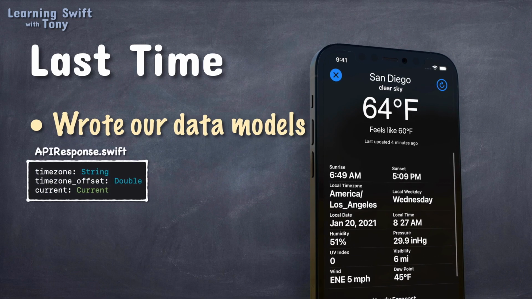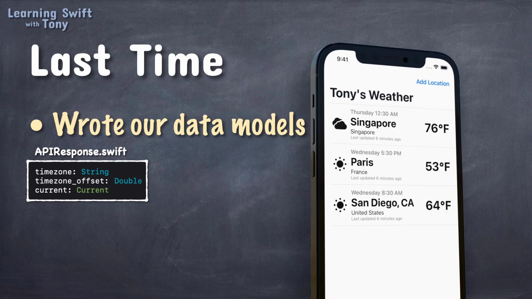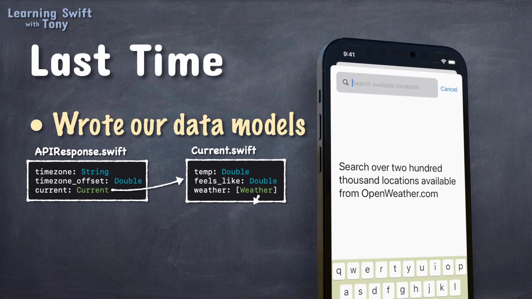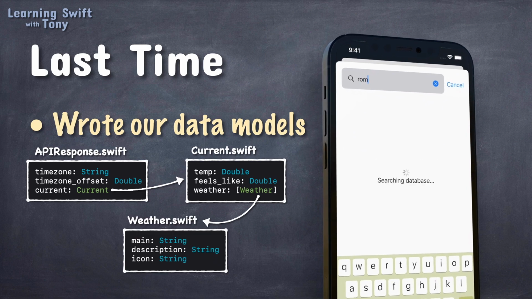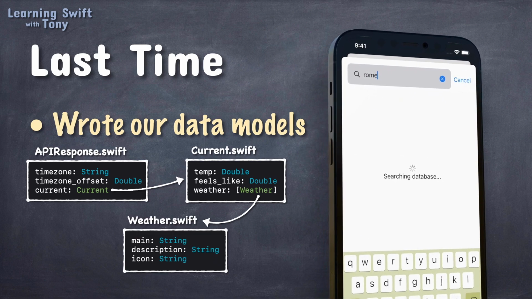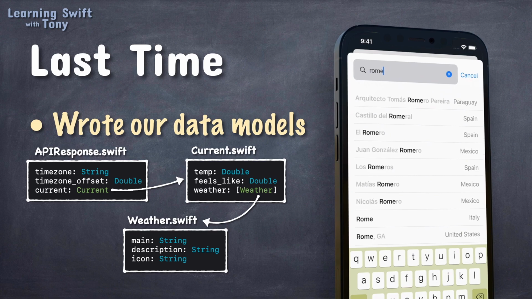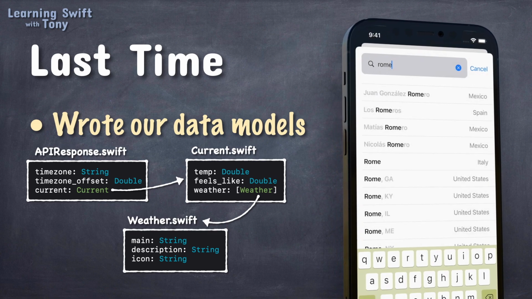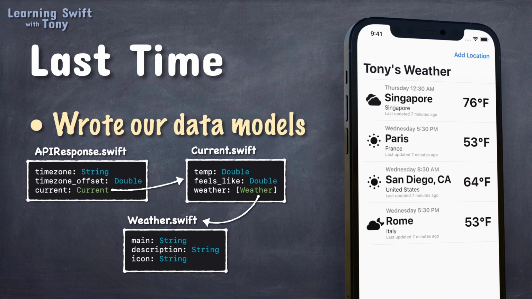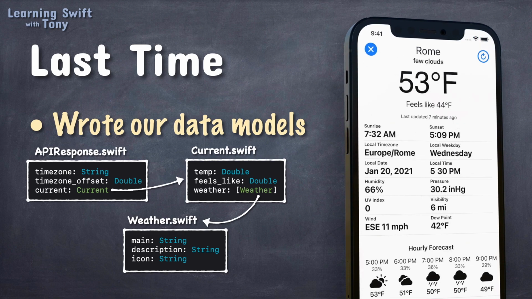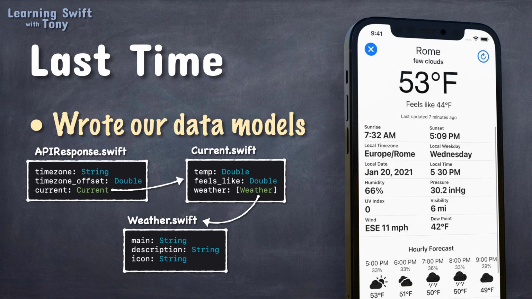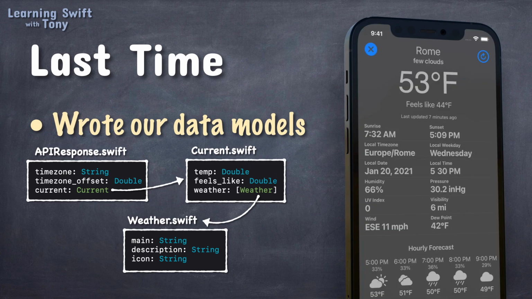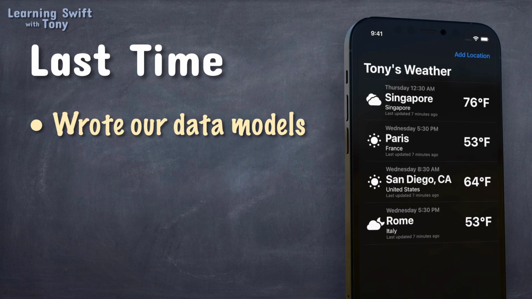Last time, we wrote our data models, and we came up with a main structure called API response, which contains a nested custom structure called current, which in turn contains an array of nested custom structures called weather. During development, we will populate these structures with data from sample JSON files we saved earlier in the app bundle, so that we can get real-life SwiftUI previews. When the app will be finished, the data will come through the internet from a service provider called OpenWeather, based in London.